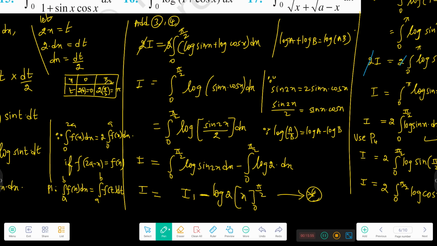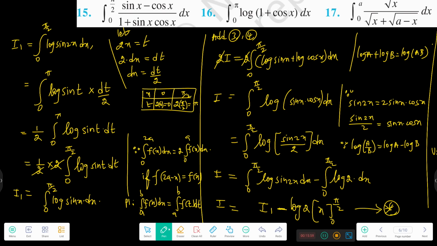Therefore, I1 is equal to I divided by 2. By 3 I am writing I1 is equal to I by 2.